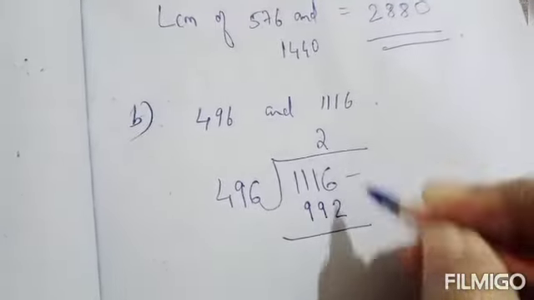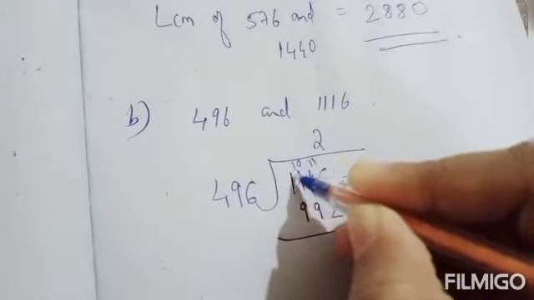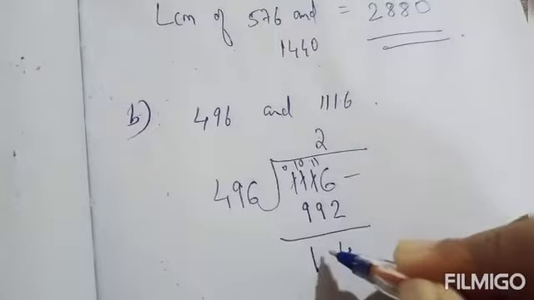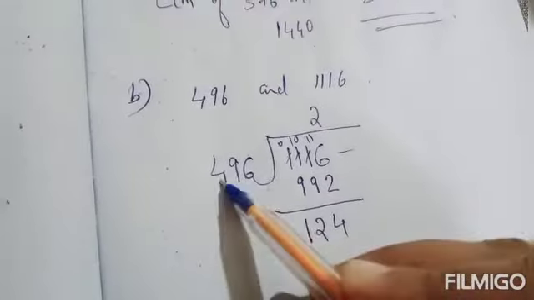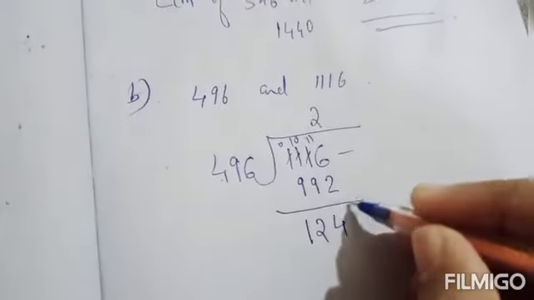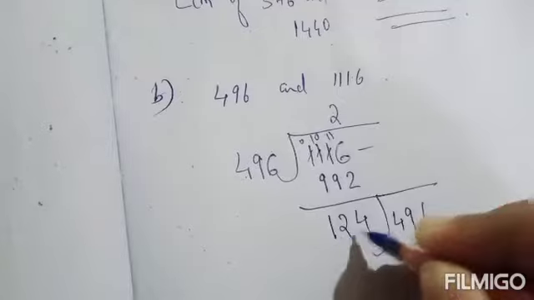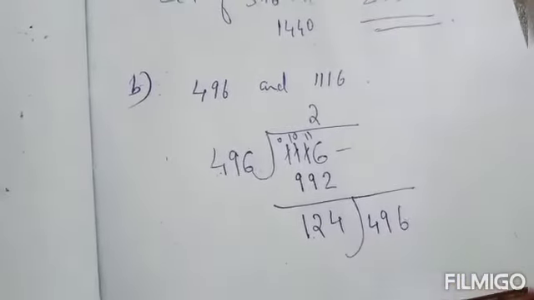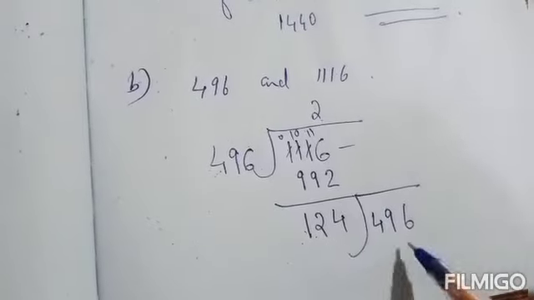Okay, now subtracting, you will get 124. So next step, this 496 will become the new dividend and this remainder will become the new divisor. Okay, divide 496 by 124.